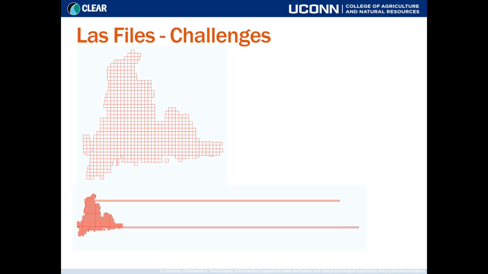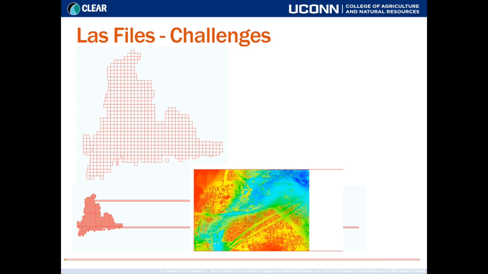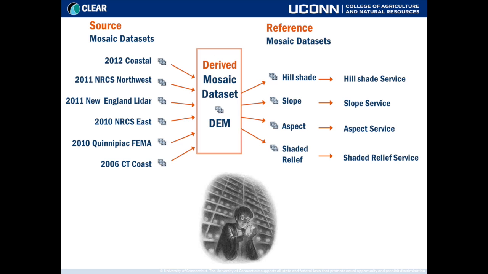You can see those two tiles way off to the edge, which caused a real problem because the real data was only on the very left-hand part. And then if you can see here, we had some projection problems and data sets didn't line up, so we had to fix those. So we had a number of challenges, but eventually got all of those mosaic data sets loaded together into a single DEM data set.